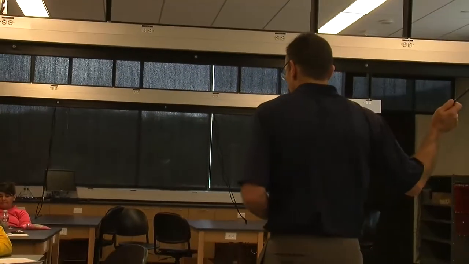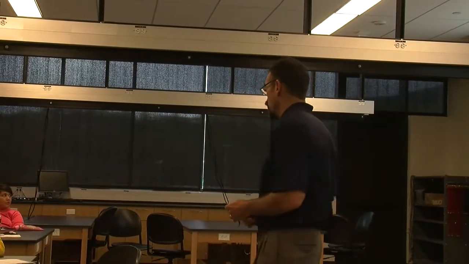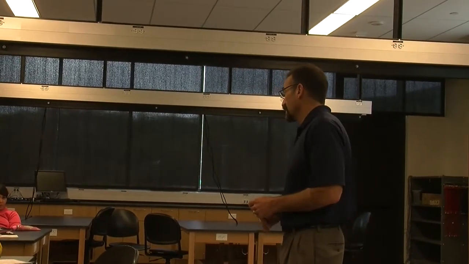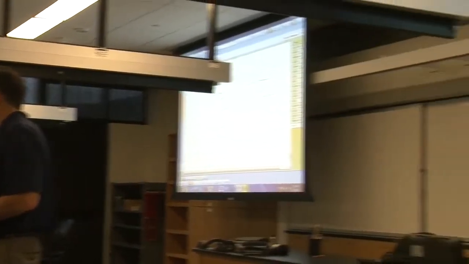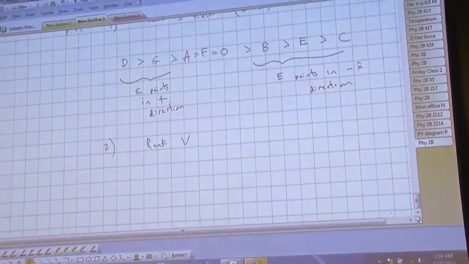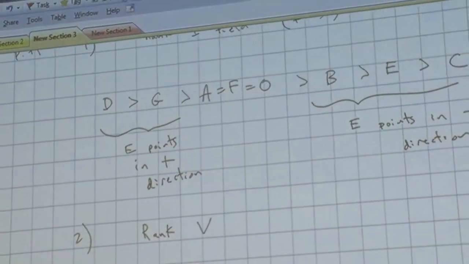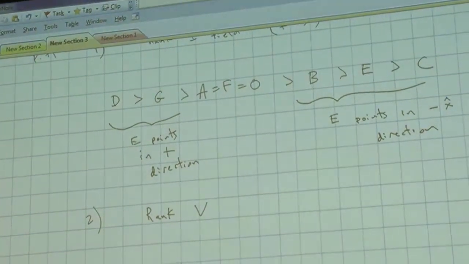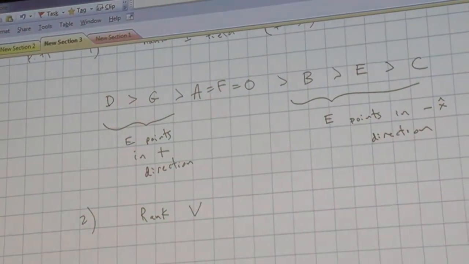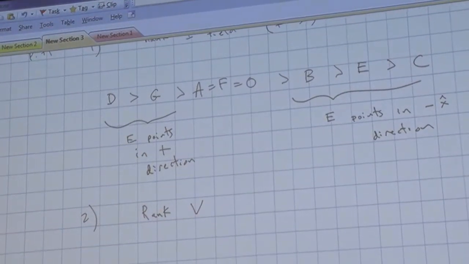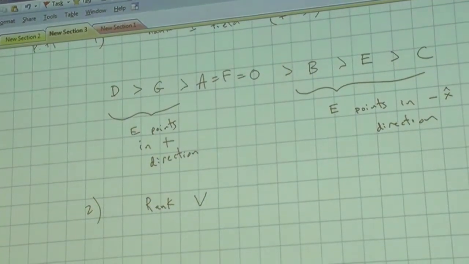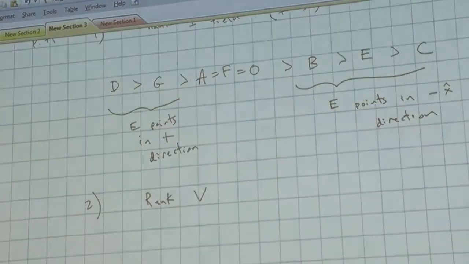What's the electric potential for F? Situation F. The one where the electric field's 0 at that location. It's tempting, isn't it, to say 0.